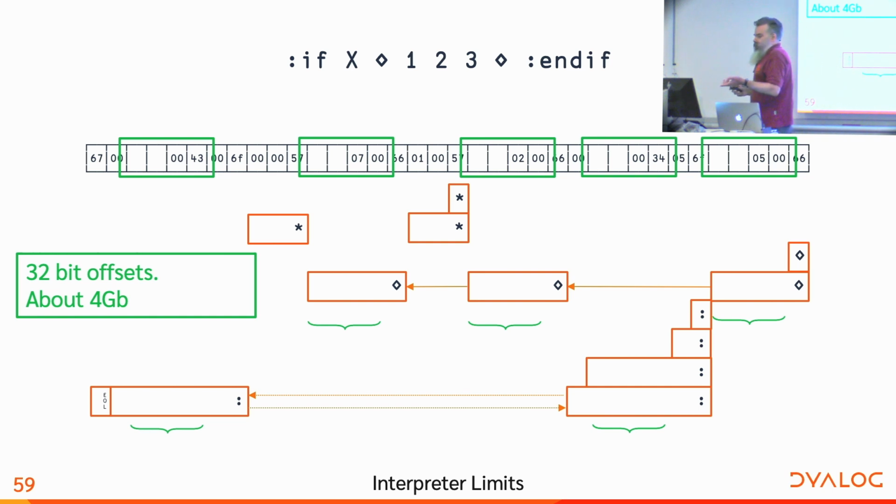While we're doing this, we might also want to extend the offset for diamonds. Okay, but having diamonds which are more than 65,000 tokens apart, I mean not text, but compiled tokens essentially, maybe that's not necessary. Again, look at yourselves.